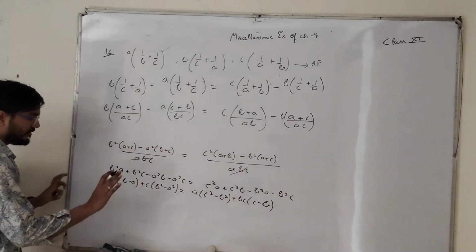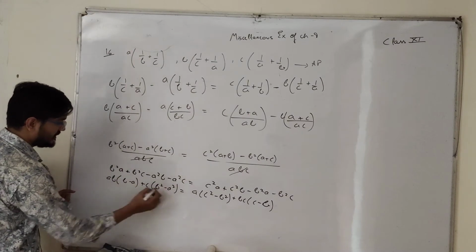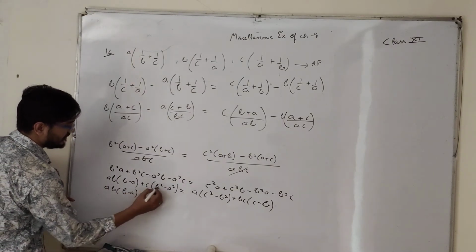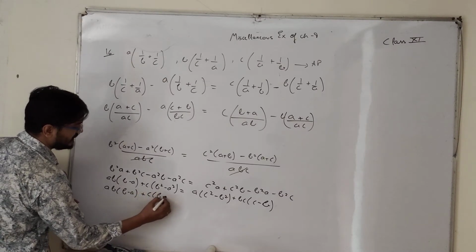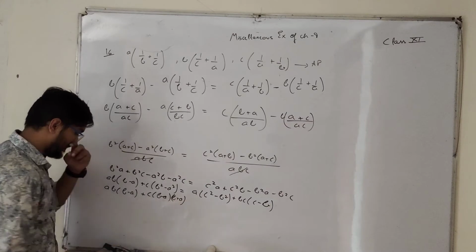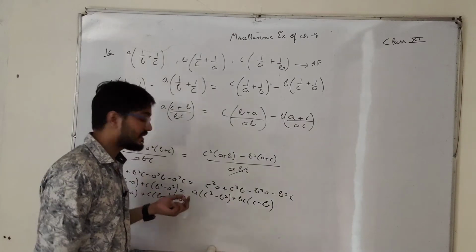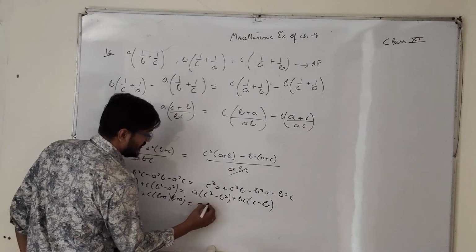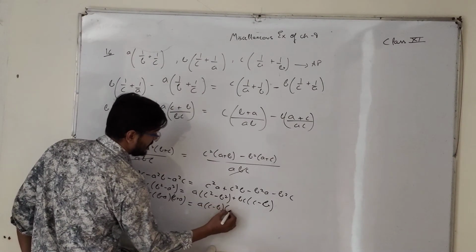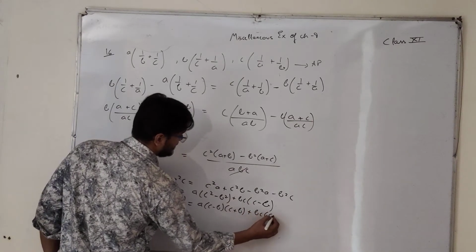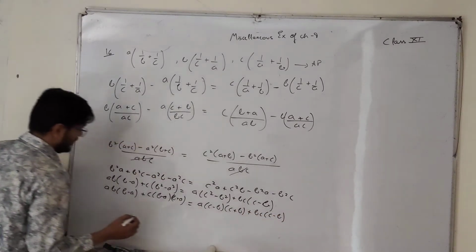So far what we have, AB bracket B minus A plus this can be written as B minus A, B plus A, because x square minus y square is x minus y, x plus y, is equal to A bracket C minus B, C plus B plus BC bracket C minus B, right?